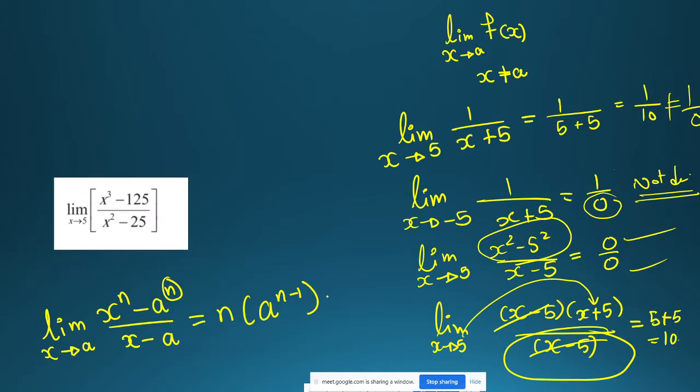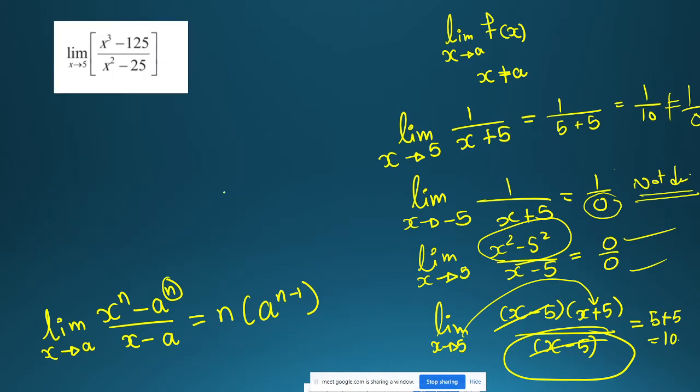So let us just apply that in this example. Can everyone see this? This is equal to limit x tends to 5, x raised to 3 minus 5 raised to 3 divided by x square minus 5 square. Can I directly apply the formula?